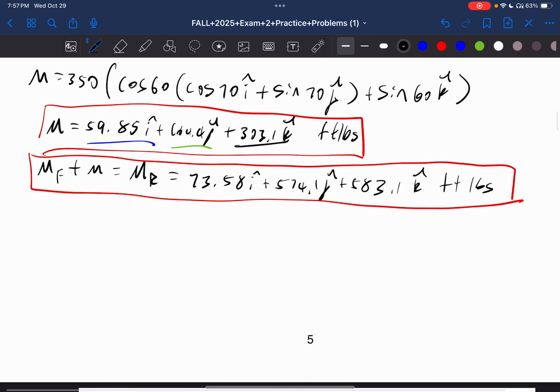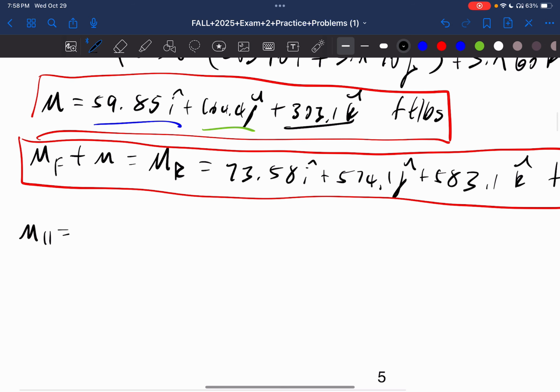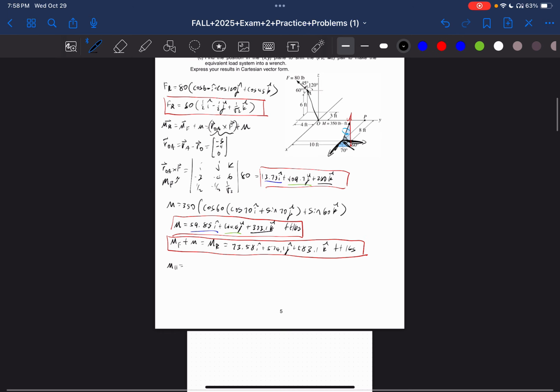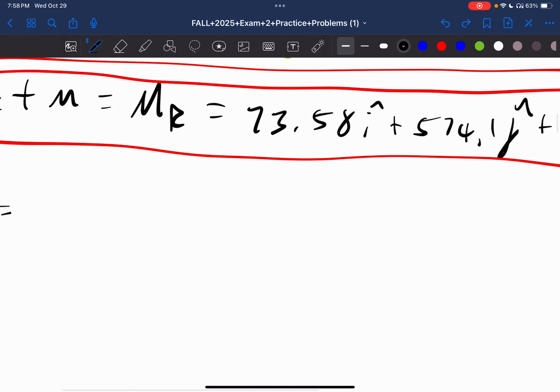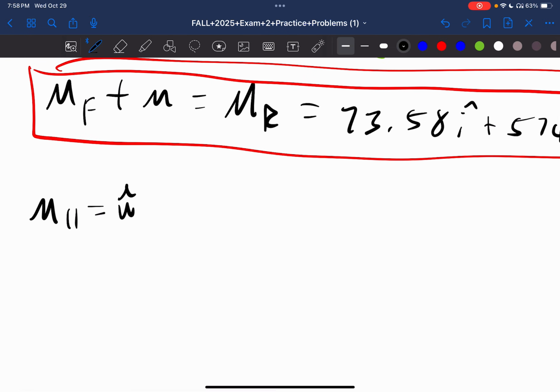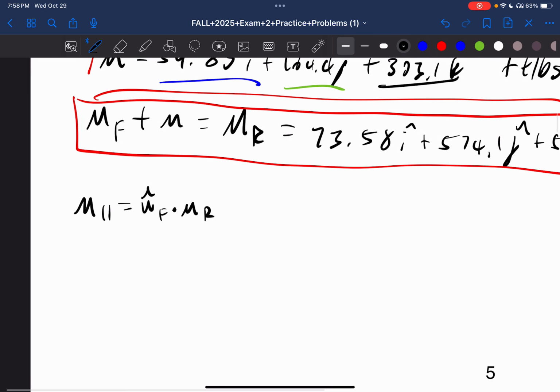So let's see. Moment parallel is going to be equal to, we need the dot product, so we need the direction of F, which is going to be the unit vector. So unit vector F dot Mr, the moment resultant.